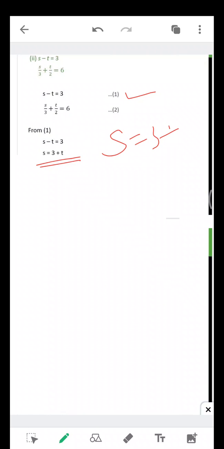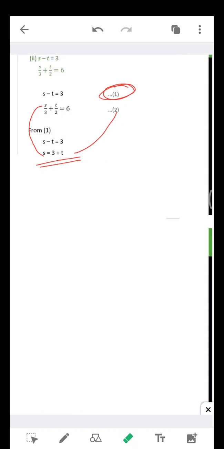This value I will put in equation 2, because I have taken it from equation 1, in place of s.